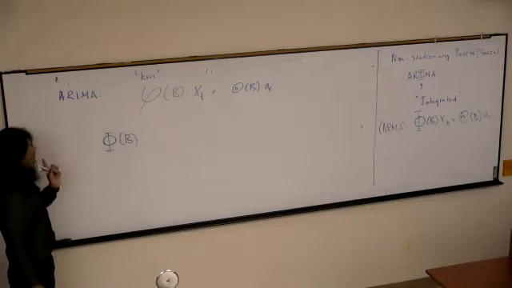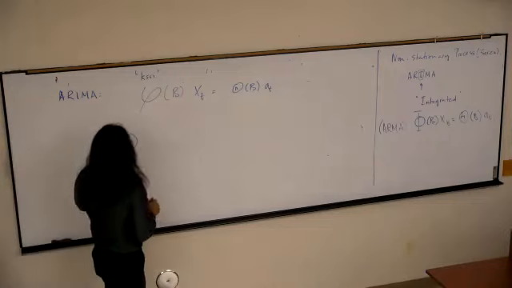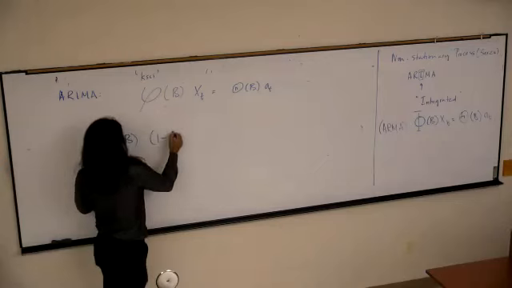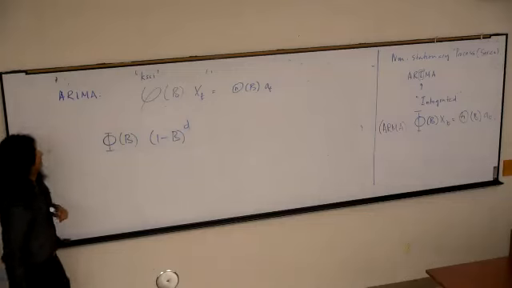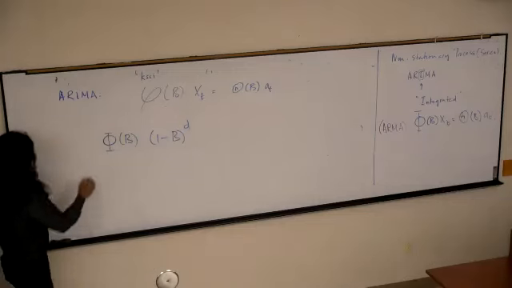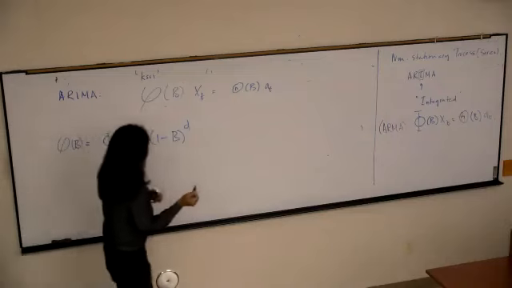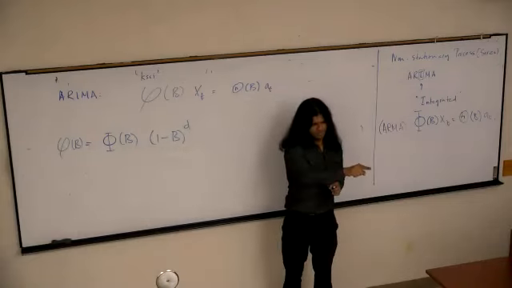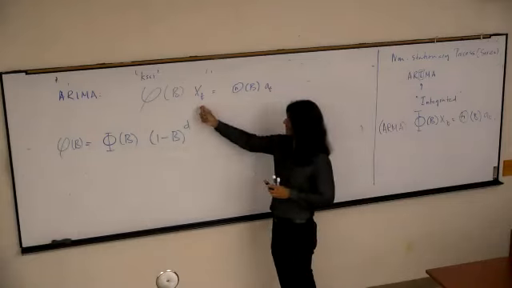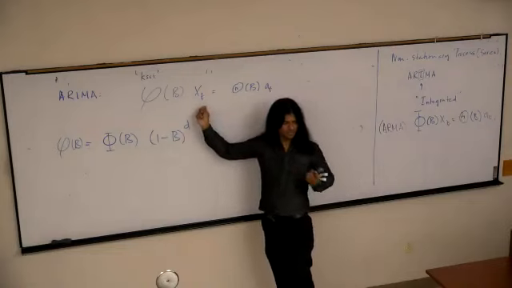If you take phi of B and multiply it by 1 minus B raised to d, then that would equal theta of B times the noise, or whatever that is. I put a note in the text that the book might call this W sub T. Should we just use W sub T?